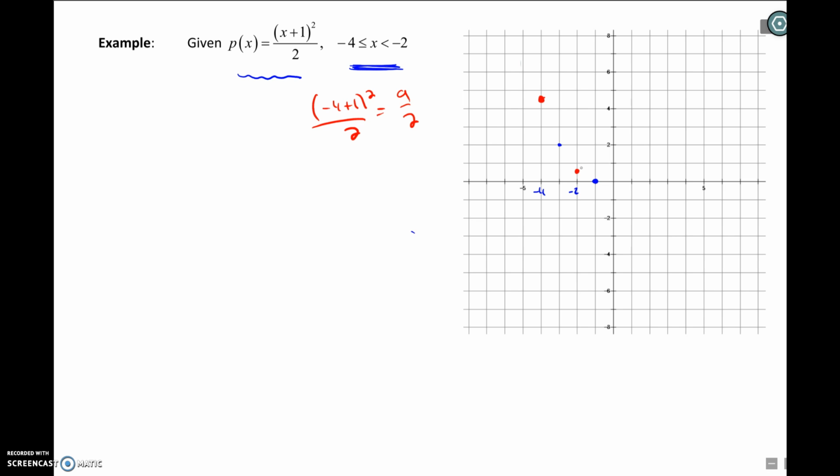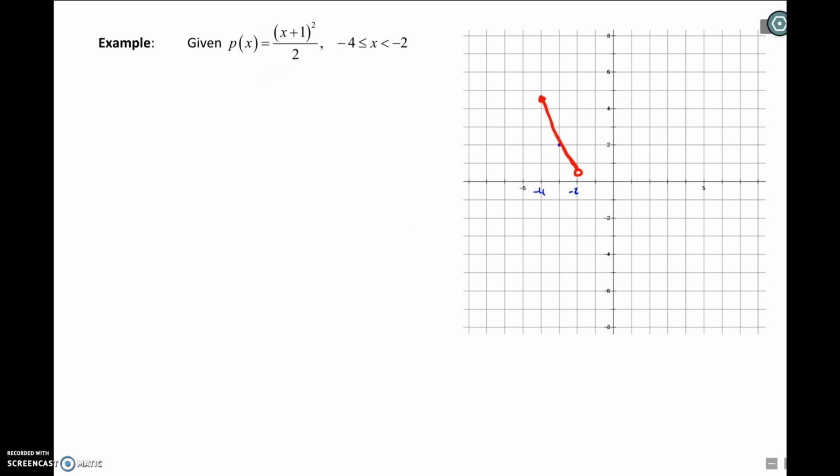And I'm going to include the left endpoint, and I'm going to exclude the right endpoint. So basically my function is this little portion of the parabola for that interval.